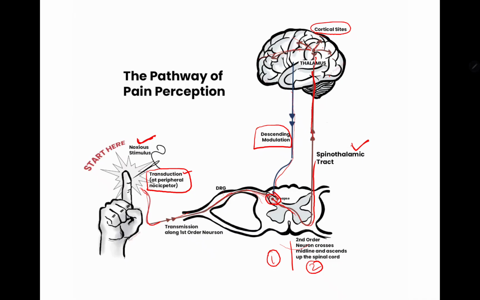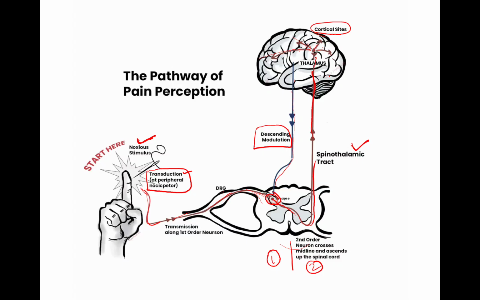Your brain's built-in painkillers, endorphins, for example. That is why distraction, stress, or drugs can reduce the pain. Descending modulation is from the brain sending back to the spinal cord. The body's own painkillers, endorphins, are sent down to the spinal cord to control the pain.